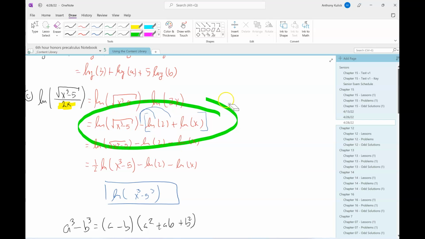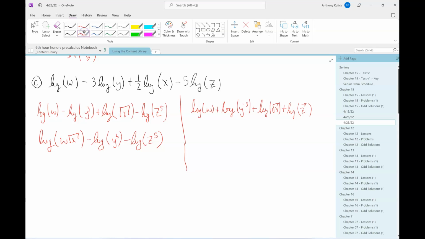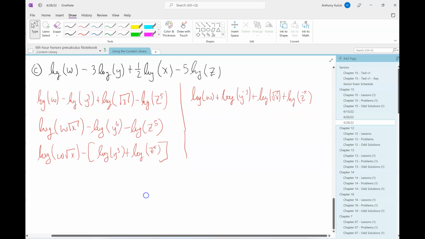What's the opposite of distributing? Factoring. Can I factor a negative here? Yeah. Oh, Mr. Kulik. That is some sneaky stuff. Sneaky, sneaky, guys.